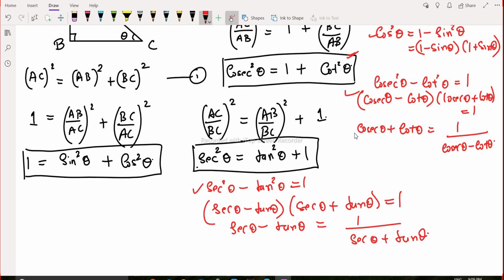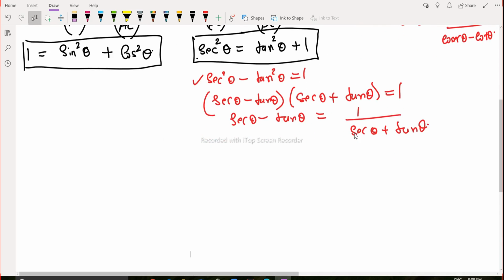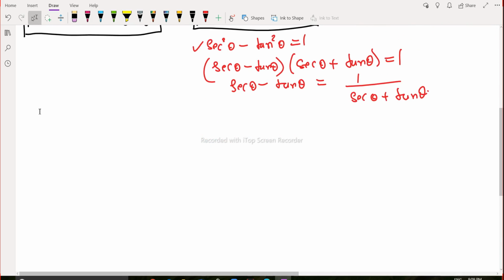We can take one small example, and then we can see the rest of the sums in the next lecture. Let's see how we can apply the trigonometric identities.